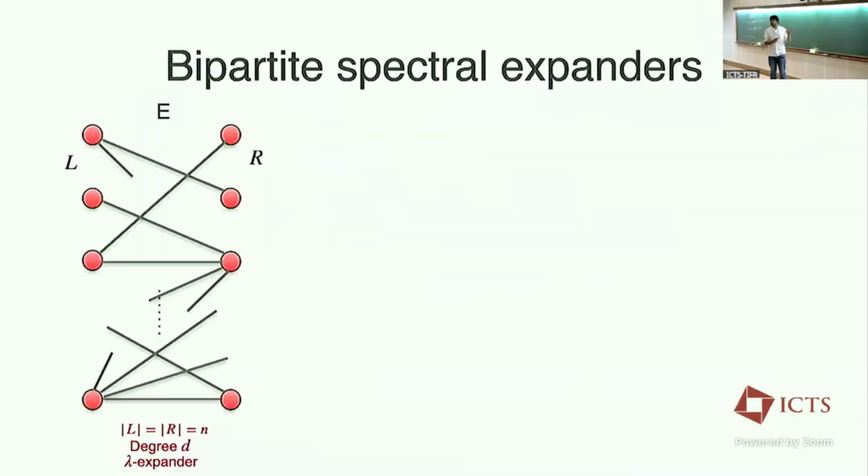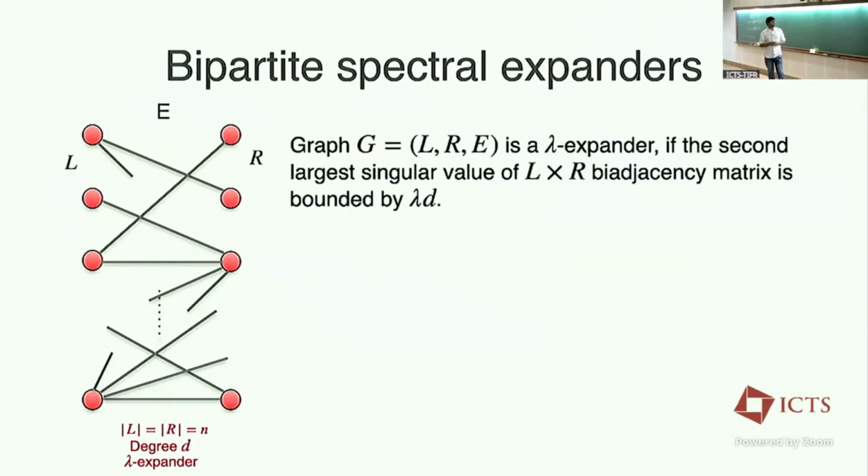Let's go into a bit of what these AEL codes are. These are based on, like Madhu described, biregular spectral expanders. So we'll just say that the biadjacency matrix of the bipartite graph has a small normalized second singular value.